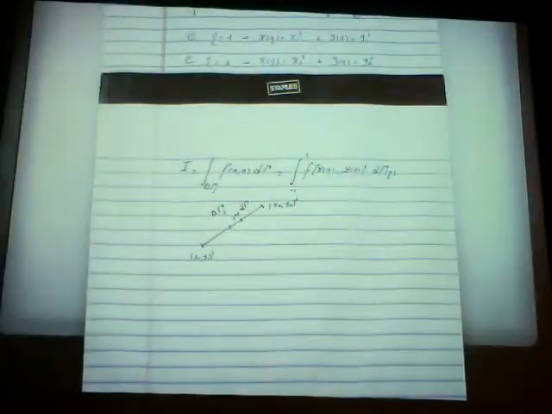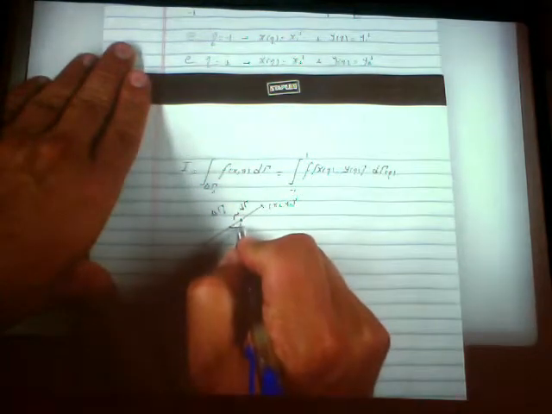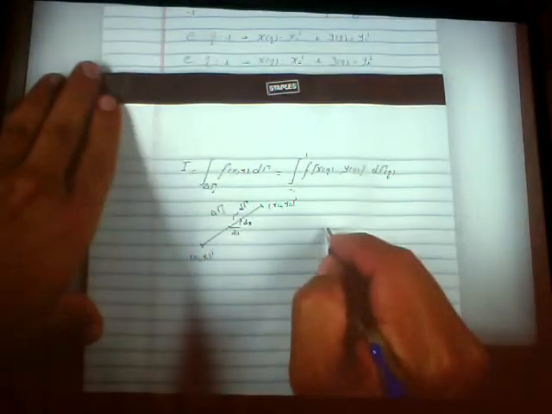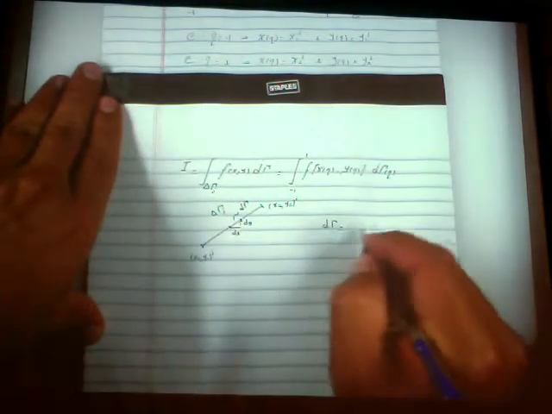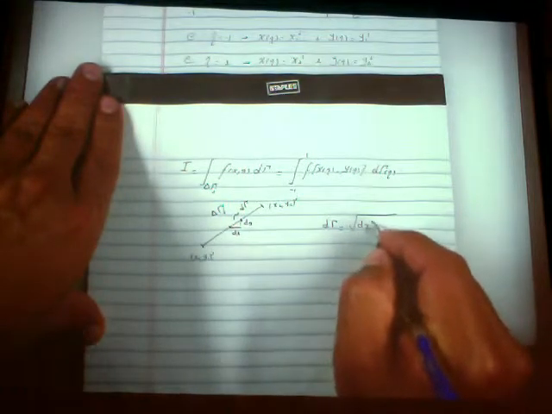This will be d gamma, or a piece of the element. Right? And d gamma is basically the hypotenuse of a triangle that has a piece of y and a piece of x. So d gamma is nothing but the square root of dx squared plus dy squared.